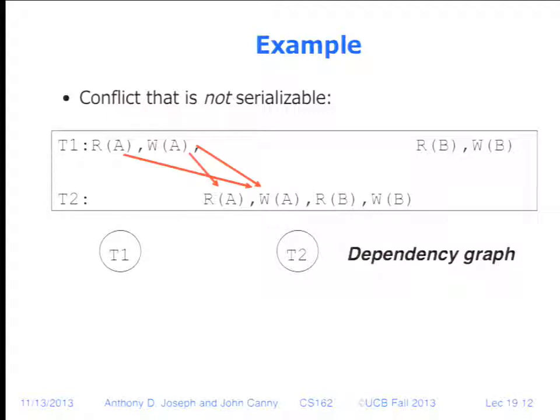They're going from T2 to T1 because of the operations in T2... sorry, there's the dependency arrow from T1 to T2 because of the ordering of the A constraints. Now, the operations on B from T2 have to come before the corresponding operations in T1, or we'd have an illegal swap to do.